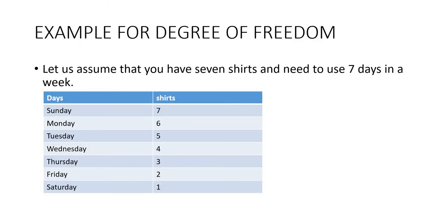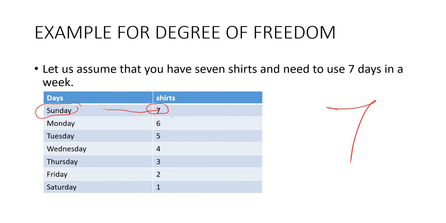I am giving a simple example so that you will get more clarity. Let us assume that you have 7 shirts and need to use them over the 7 days in a week. On Sunday you have 7 choices, out of 7 you can choose.